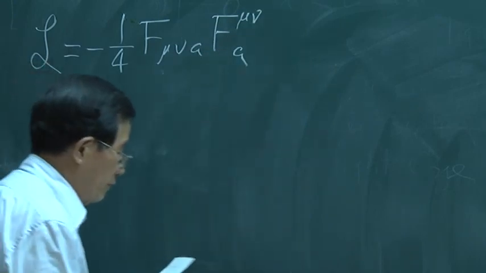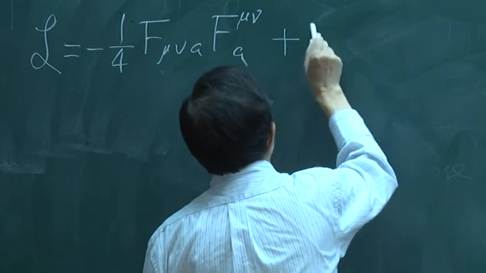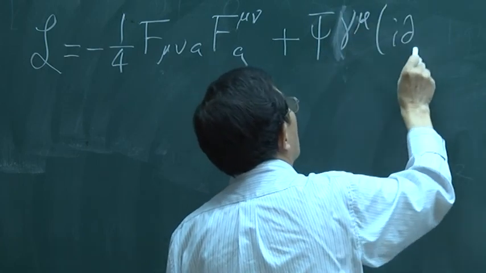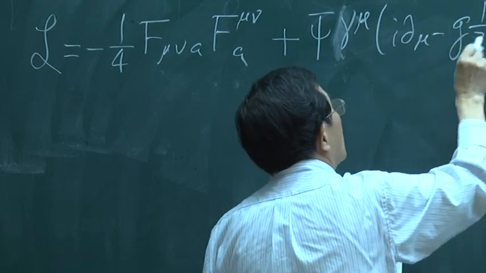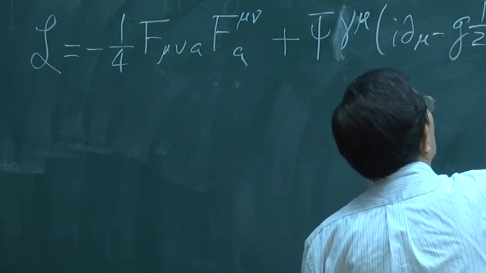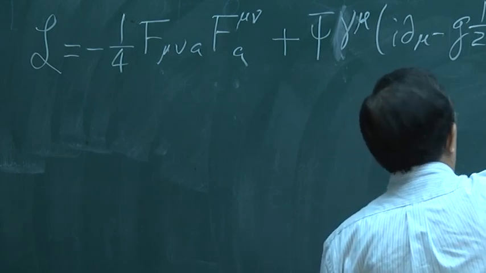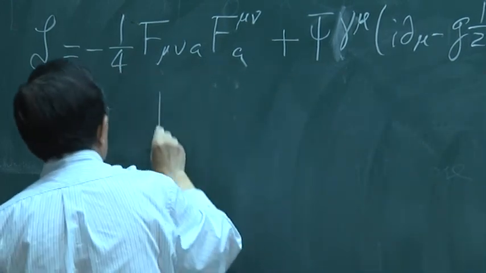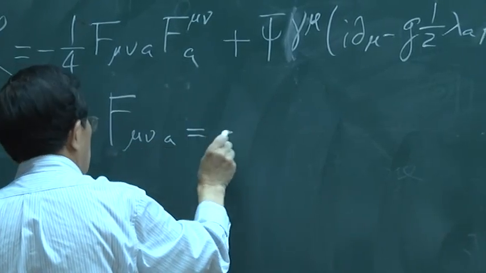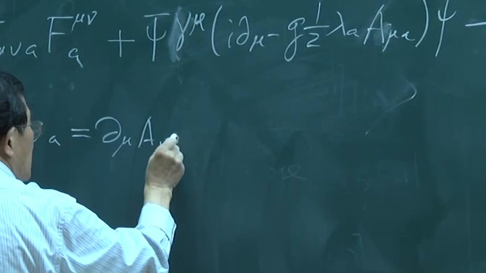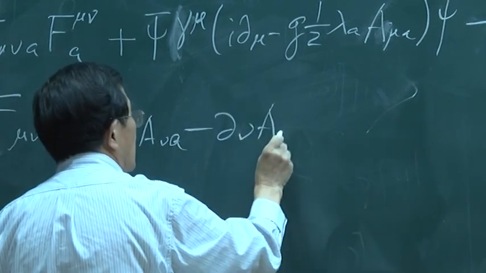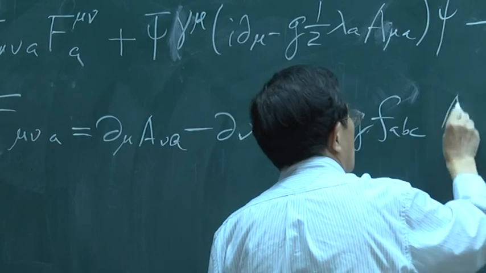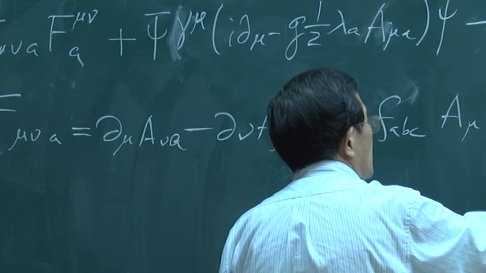Now repeating indices are summed over, the gauge field, and then we have F_μν^A, and this F_μν^A is equal to ∂_μ A_ν^A minus ∂_ν A_μ^A minus g f^ABC A_μ^B A_ν^C.